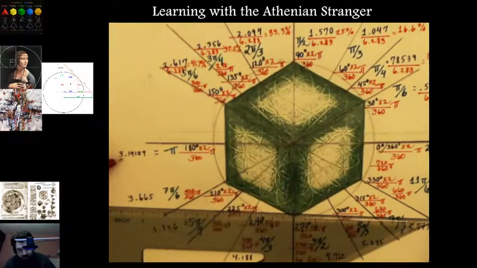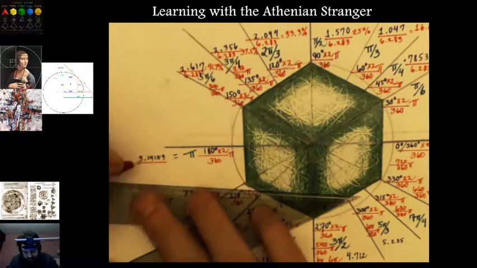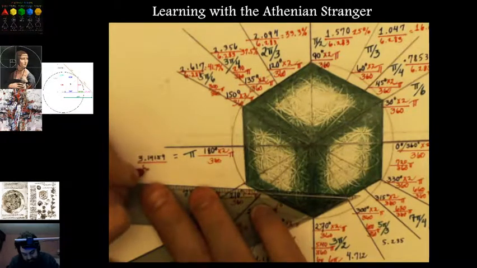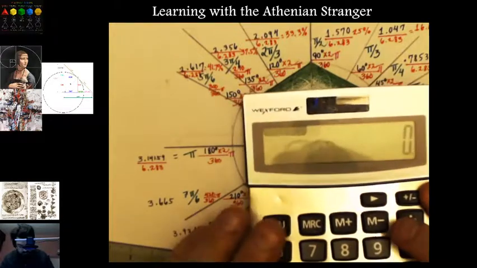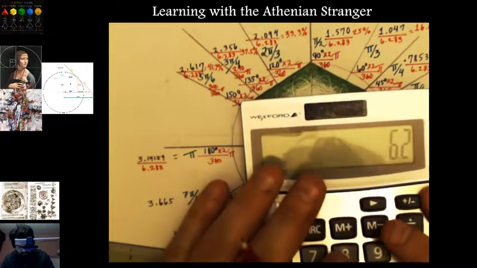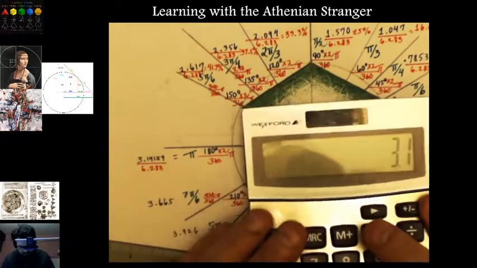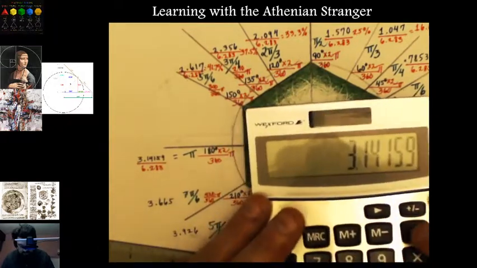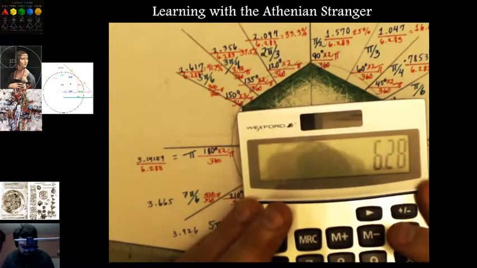So this better darn well be a half. I'm sorry, I need to write 3.14159 divided by 6.283.